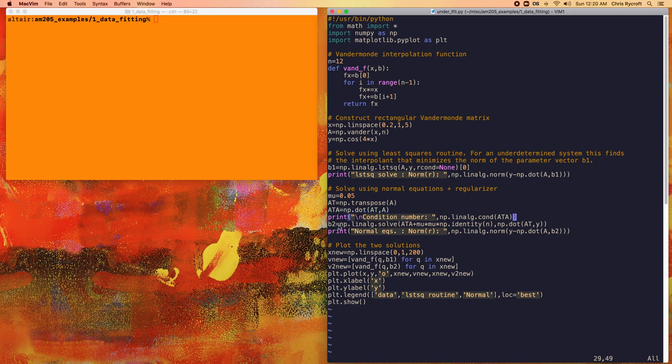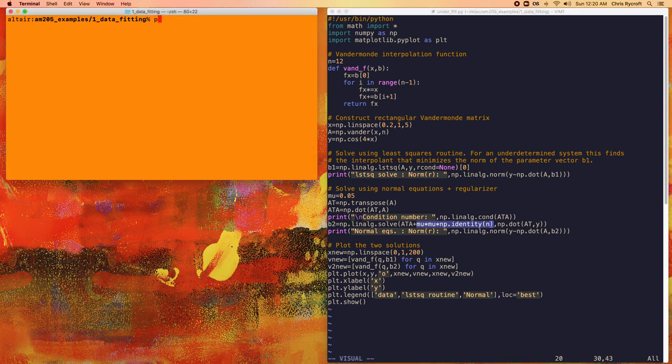And we'll also now solve the resulting regularized linear system where we've incorporated this regularizer of mu squared times the identity. And again, we'll see how well the fitted polynomial matches the given data points. Finally, we'll plot our 2 solutions in relation to the data.